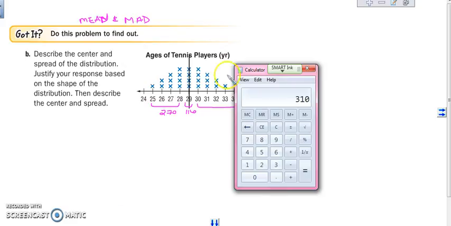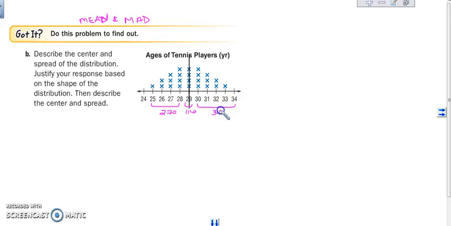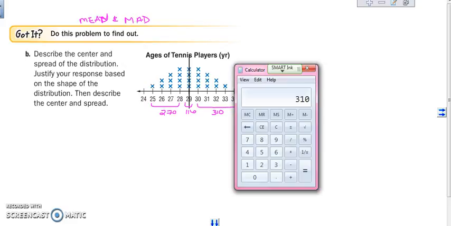I get 310. Let me just check one more time. Okay, now we're going to add all these together. So 310, 116, 270. So 696.